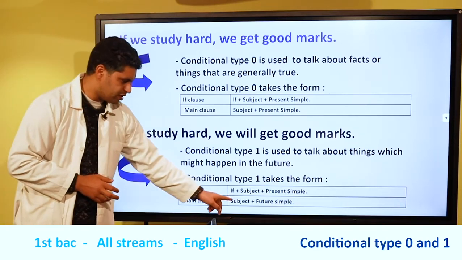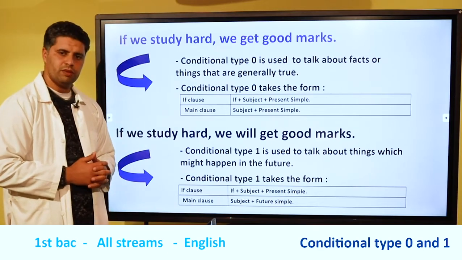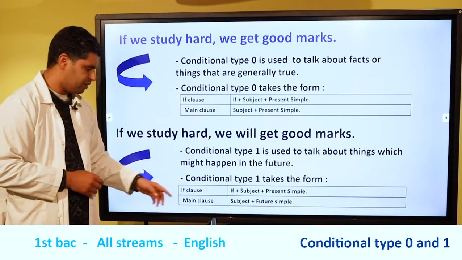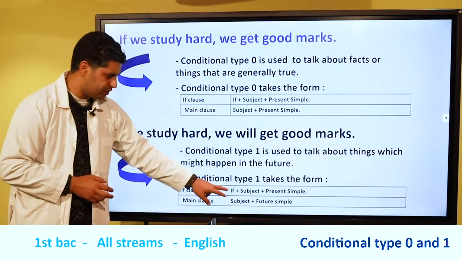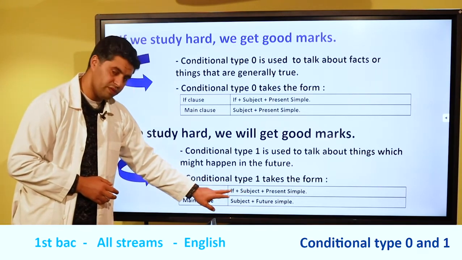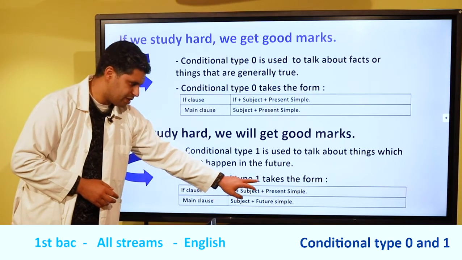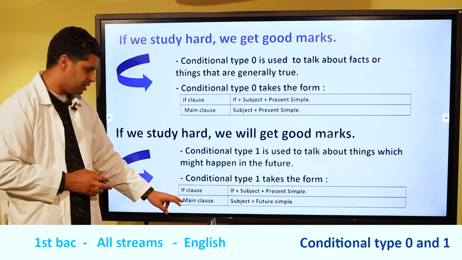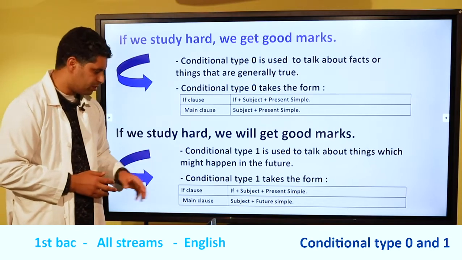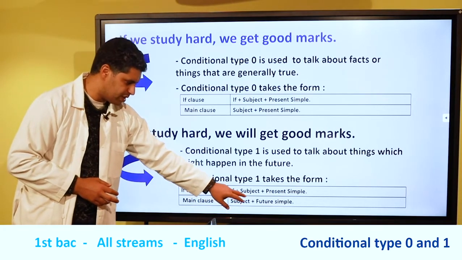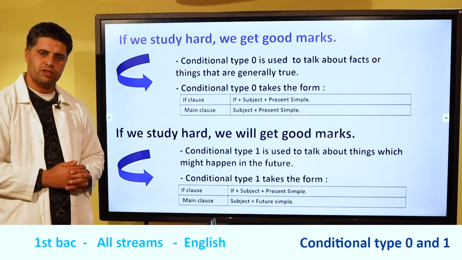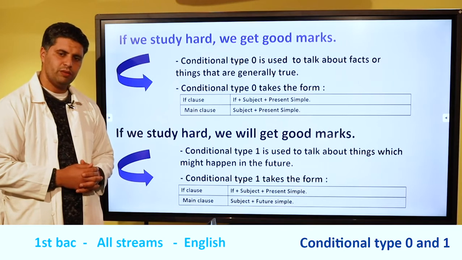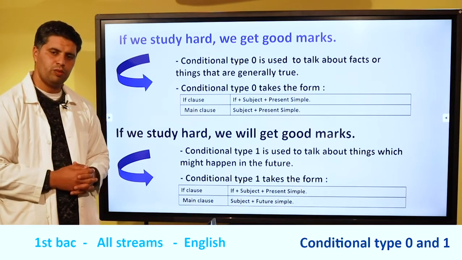Here, as you can see, we have the future simple, but here we have the present simple. So the if clause consists of a conjunction plus a subject plus the present simple, as you can see. And here we have the main clause that consists of a subject plus the future simple. So this is why we use conditional 0 and 1 and how we use them.